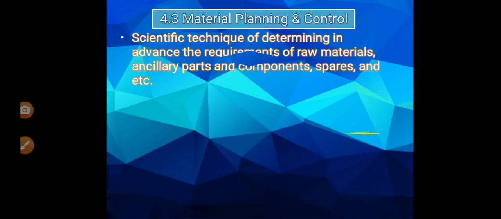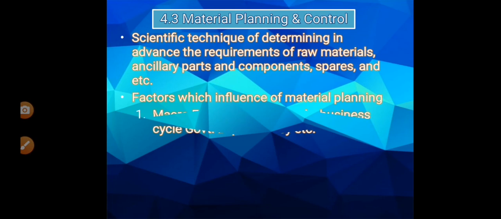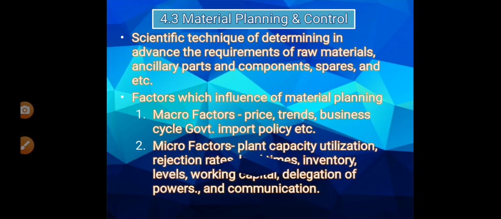Let's proceed to 4.3, the material planning and control. It defines scientific techniques of determining in advance the requirements of raw materials, ancillary parts and components, and spares, etc. So, what are the factors which influence material planning?